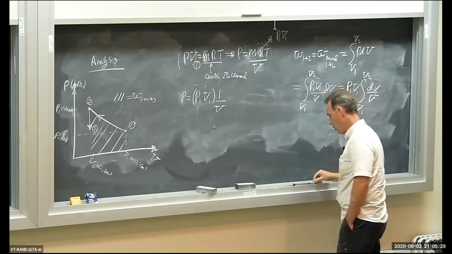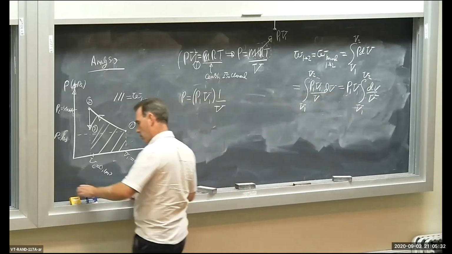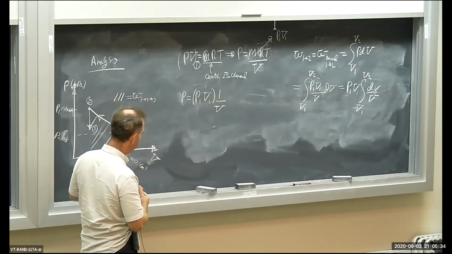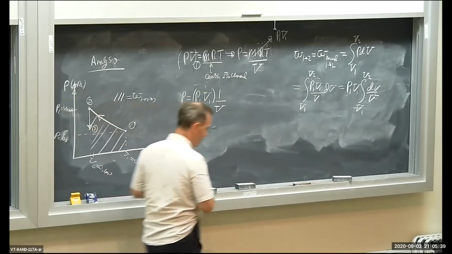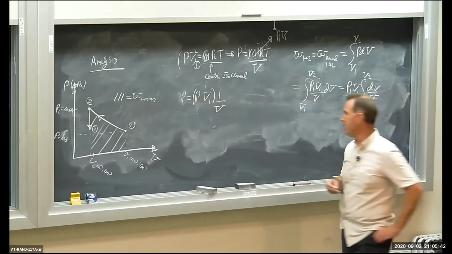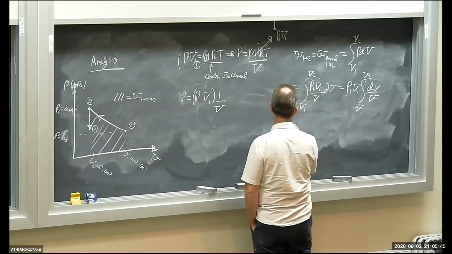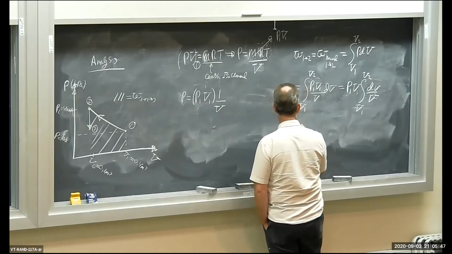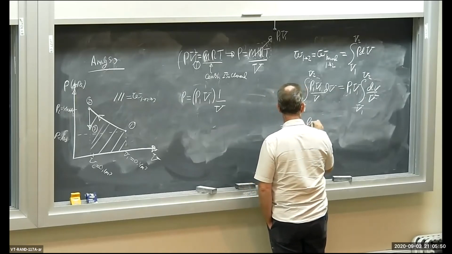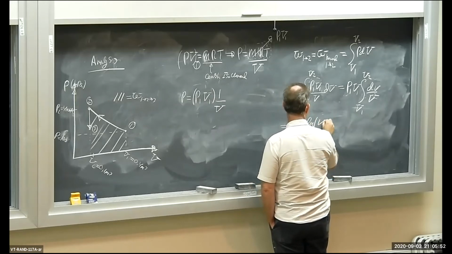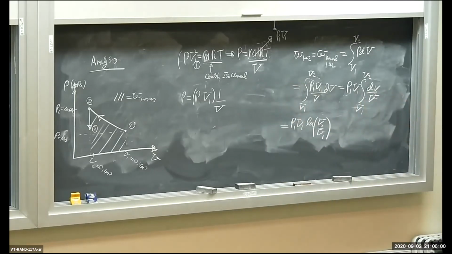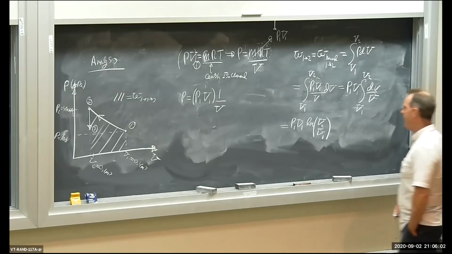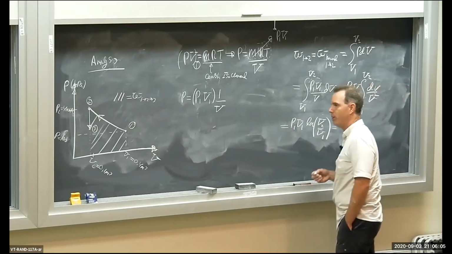Now, what's the antiderivative of 1 over V? It's the natural log of V, so I can immediately evaluate this integral. So I get P1 V1 natural log of V2 over V1. I know everything. I know these volumes, and I know pressure P1.